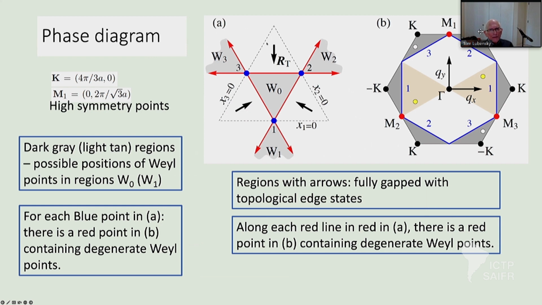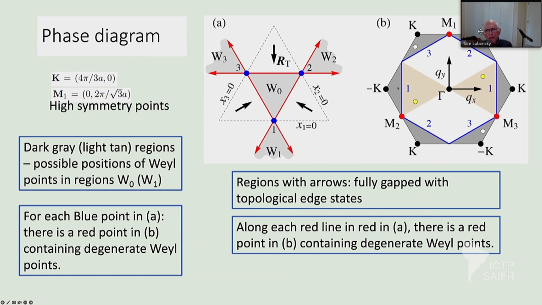The dotted triangle here shows the lines for which X1 is 0, X2 is 0, and X3 is 0. The dark gray areas, these gray areas here and here, are regions where there are possible positions of Weyl points.